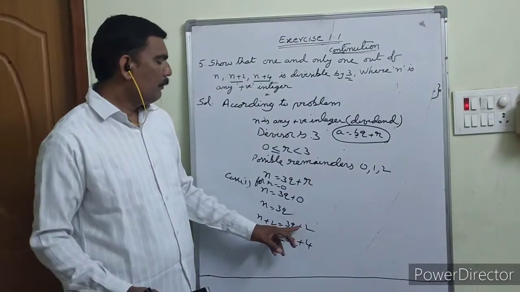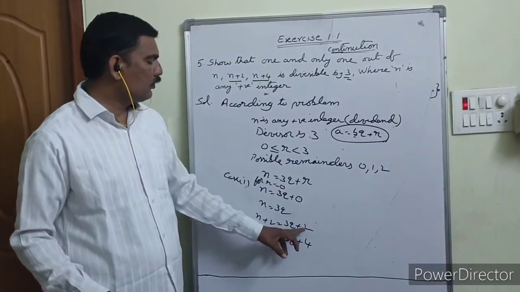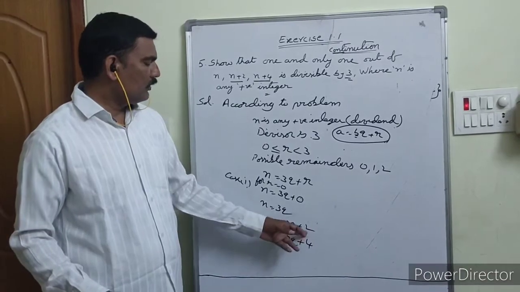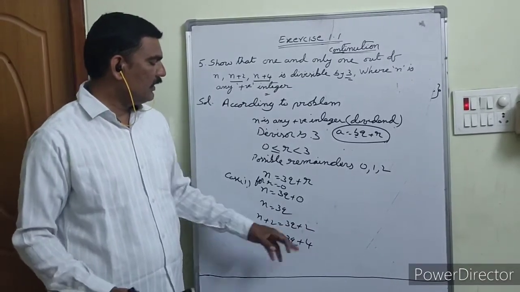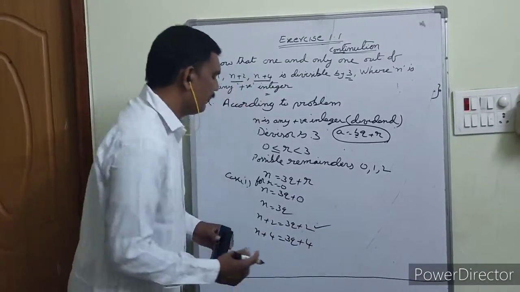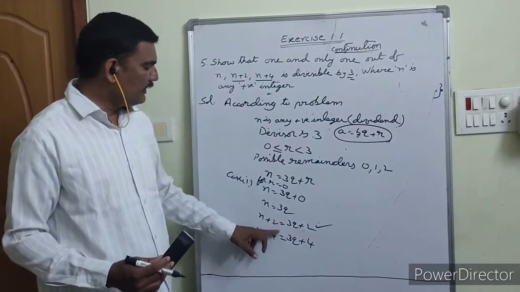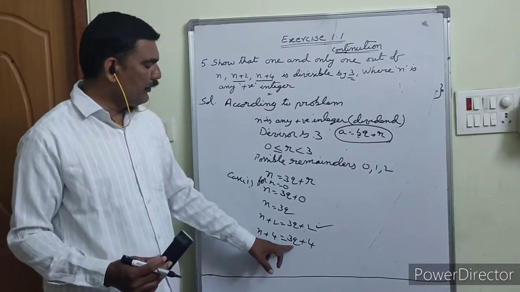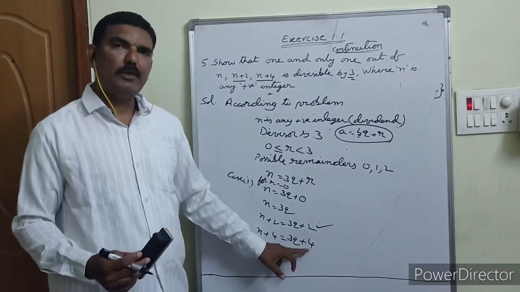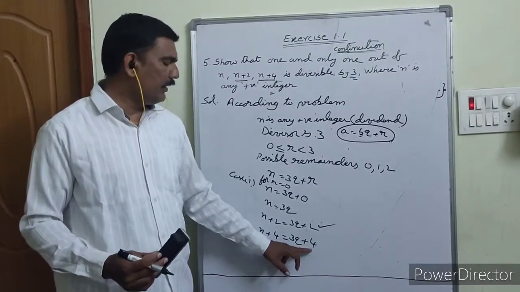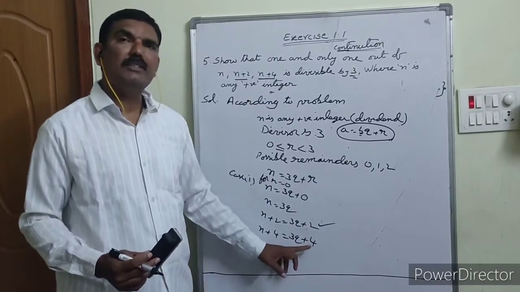Here plus 2 means the remainder is 2. The remainder is less than the divisor, so it can happen. But in 3q plus 4, comparing with a is equal to bq plus r, in place of r you are getting a number greater than the divisor. That is wrong.